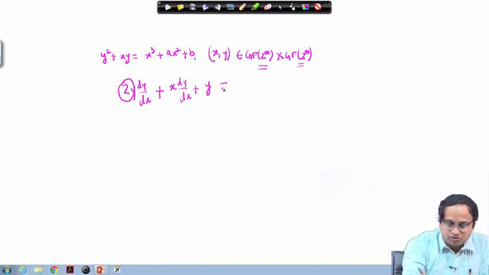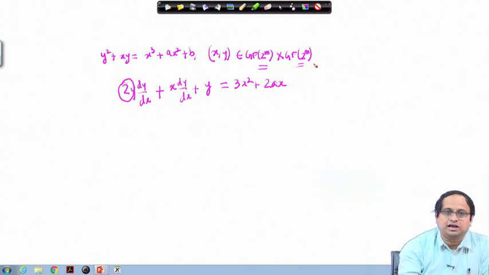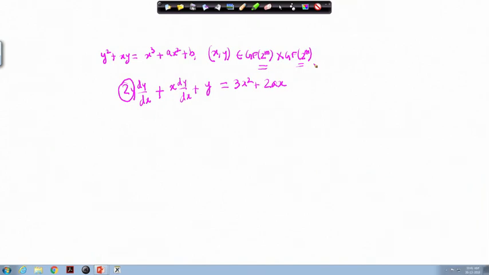This is equal to 3x square. First I am just writing in a very naive way, 2x. Now if I put in the fact that I have characteristic 2, I take modulo 2 of the coefficients. With that, this is equivalent to saying that x dy by dx plus y is equal to x square plus 0, so I got just x square.